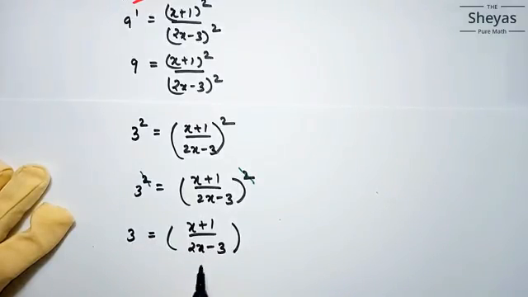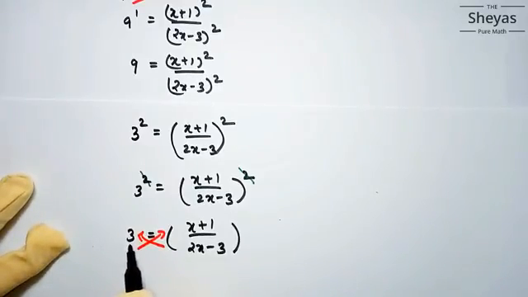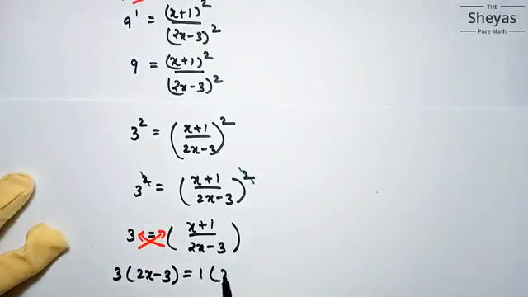Now we can cross multiply this. It is understood that it is 3 over 1, so 3 into (2x minus 3) is equal to 1 into (x plus 1).